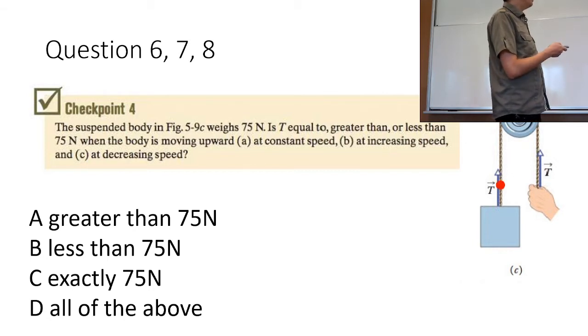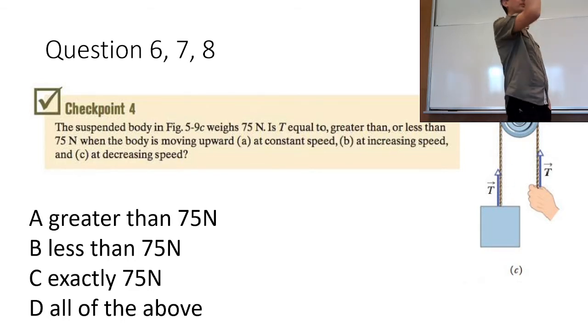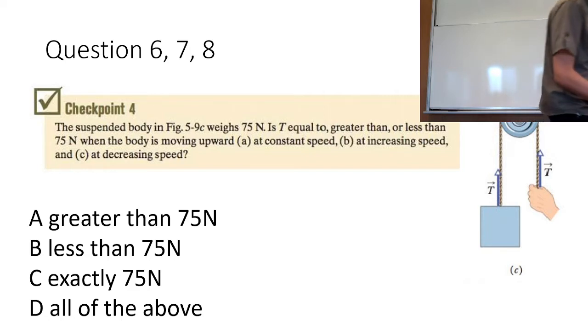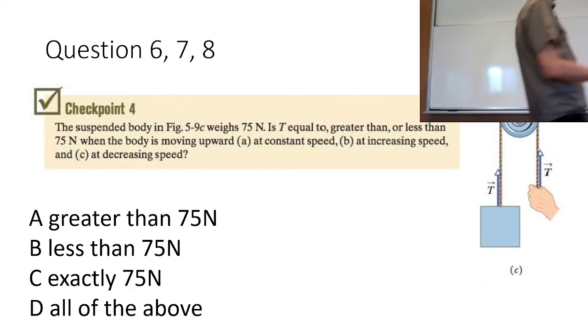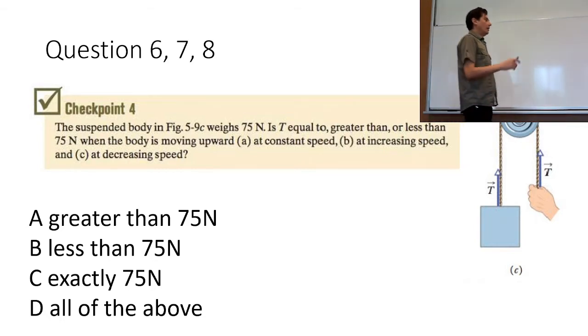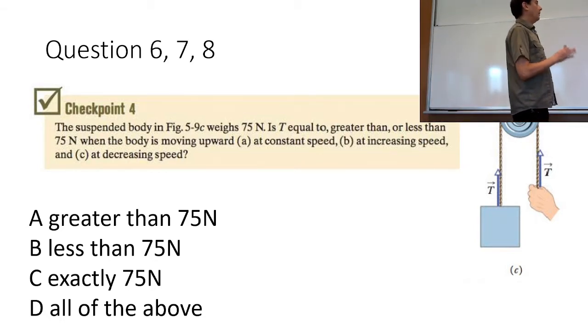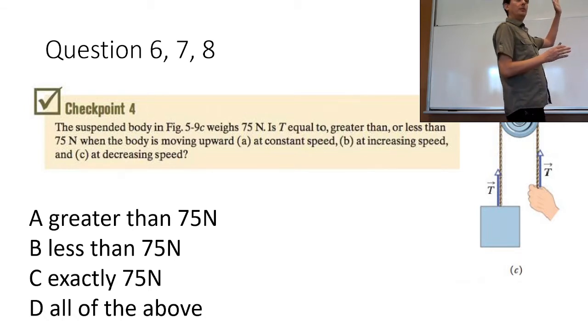Okay, so what about if the body is increasing in speed? So it's moving upward, but it's getting faster upward. Greater than, yes, because the acceleration is in the upward direction, right?